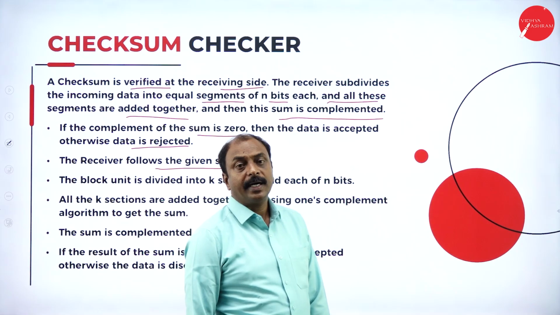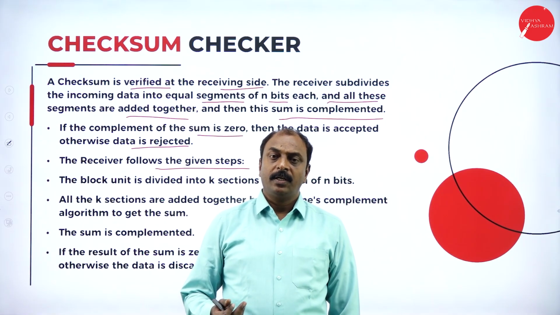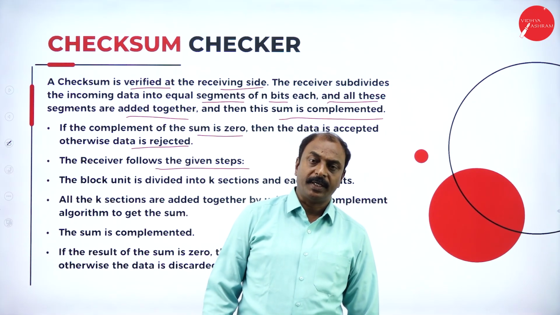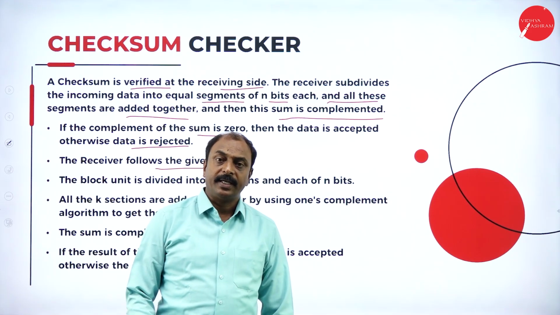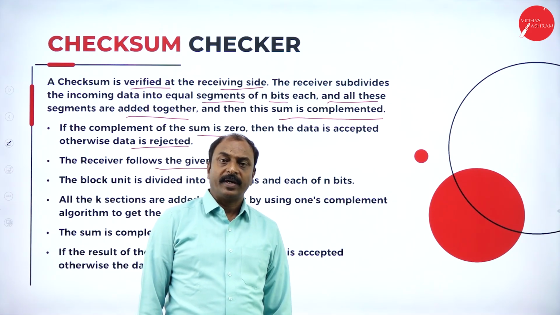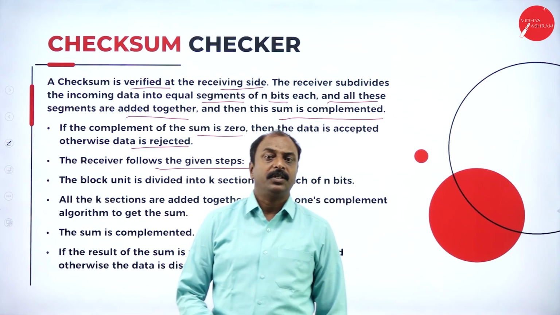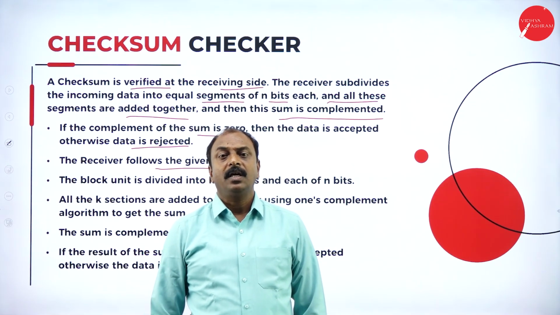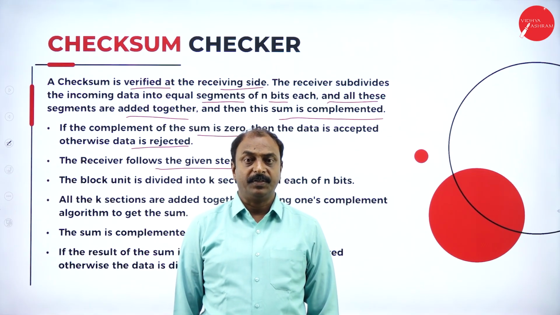Finally, at the receiver end, after summing up all the K sections of data, we complement it, and if the complement is 0, then the data is accepted, otherwise it is rejected. If the complement is not 0, then it is understood that there are chances of errors, data loss or data corruption during transmission in the computer network.